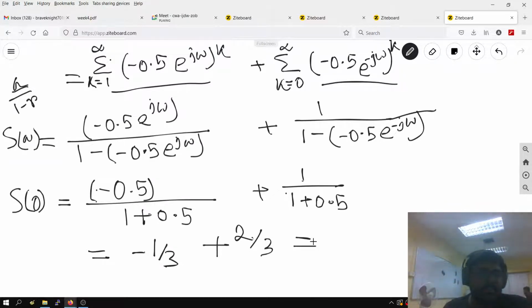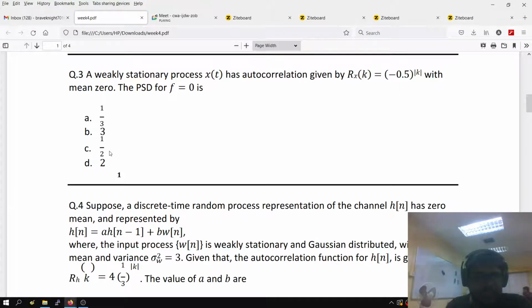So what is the answer? It is 1 by 3. So 1 by 3 is the answer for the third question. So option A is the right answer.